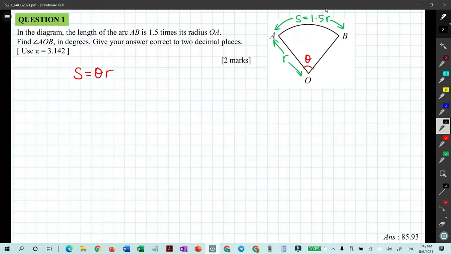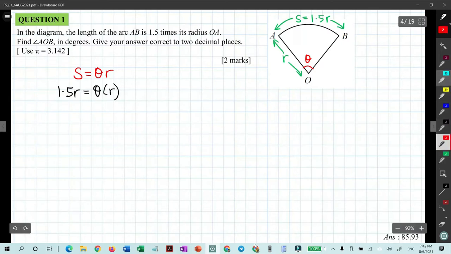The value of S is 1.5r, theta is theta, r is r. If we notice, you can see r on both sides of the equation, so we can cancel the r and we get theta equals 1.5 radian.